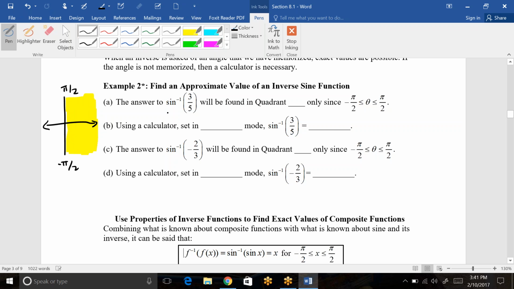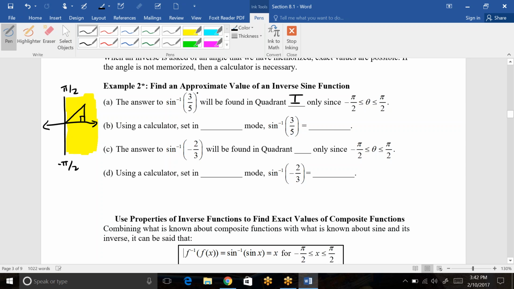3 over 5 is, remember sine is opposite over hypotenuse. Opposite's always the vertical distance. So we have to have a positive y. That means this has to be up in quadrant 1, because we only have these two choices.